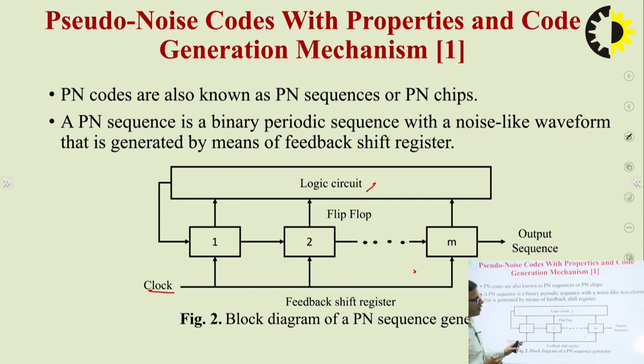At each clock pulse, the state of one flip-flop is shifted to the next flip-flop, and at each clock the logic circuit computes a Boolean expression based on the states of the flip-flops, and the output of this logic circuit is fed into the first flip-flop. Here we get an output which is basically our PN sequence.